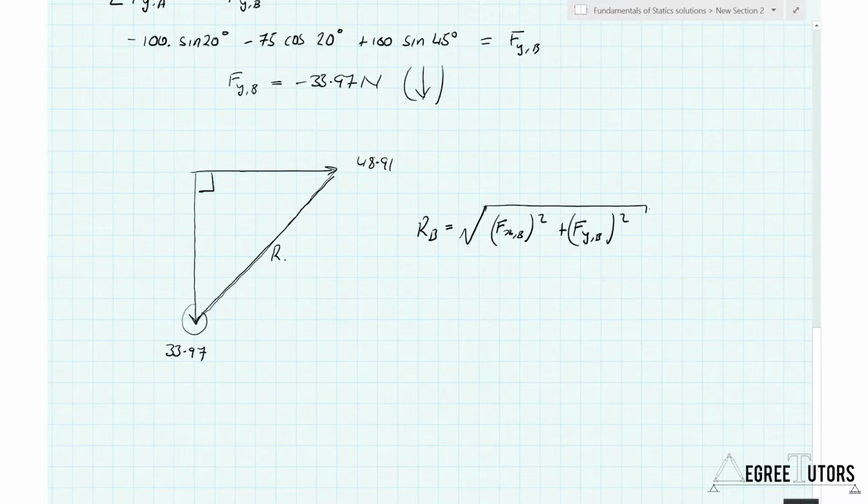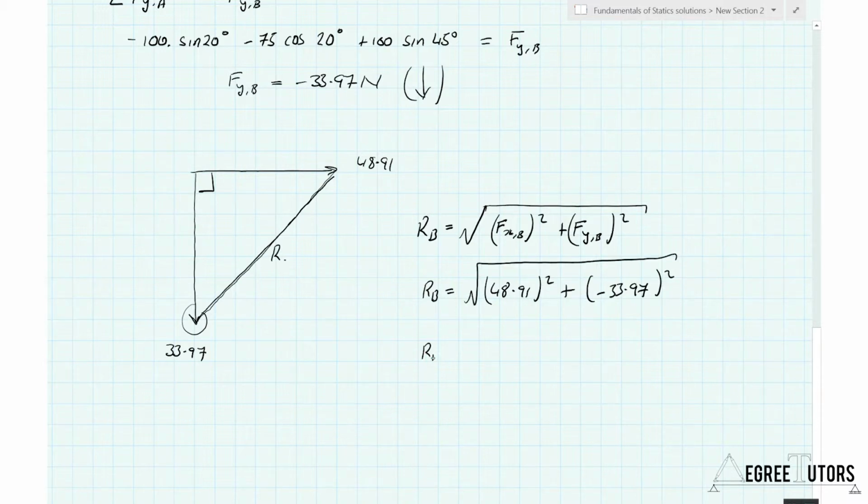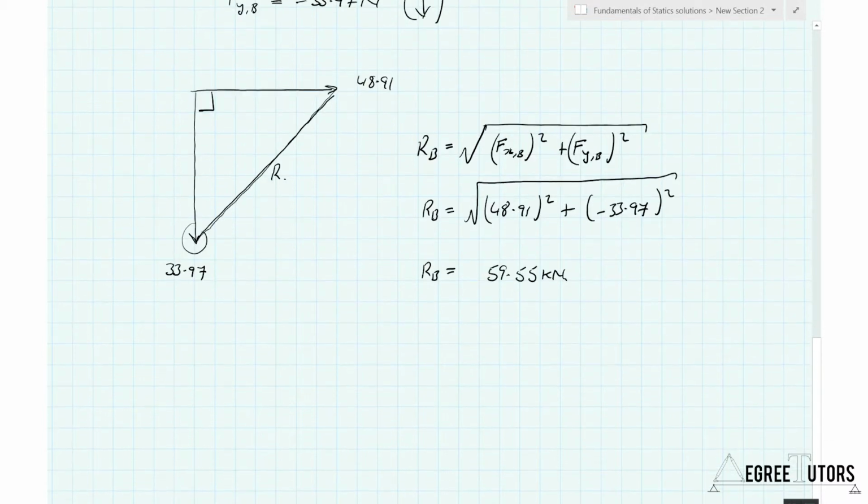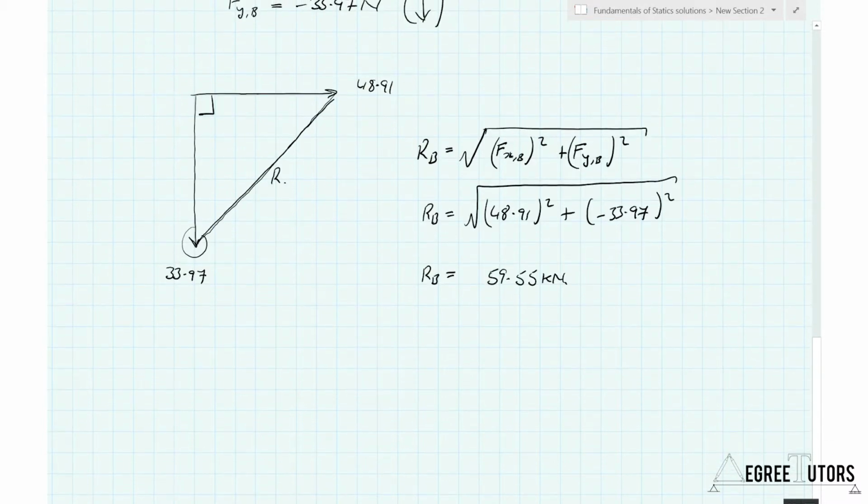When we put the numbers in, we're going to have RB equal to the square root of 48.91 squared plus a negative 33.97 squared. Square root of all of that gives me RB equal to 59.55 kilonewtons.